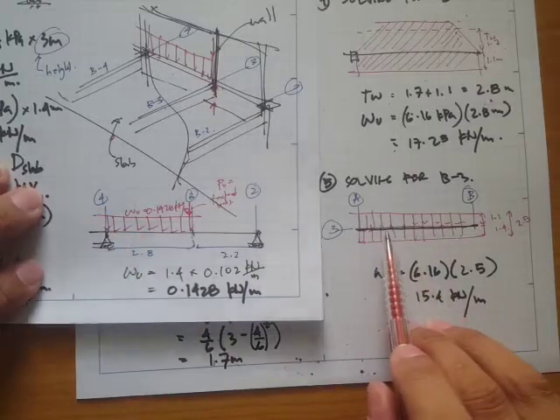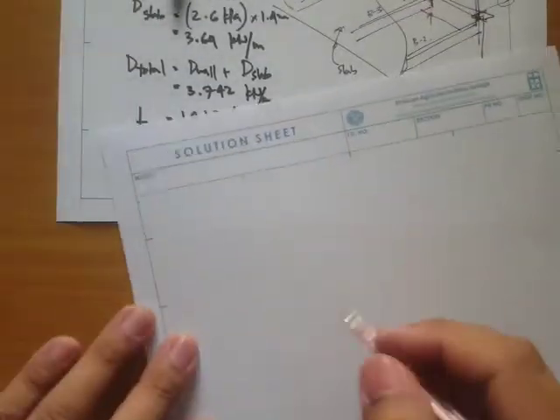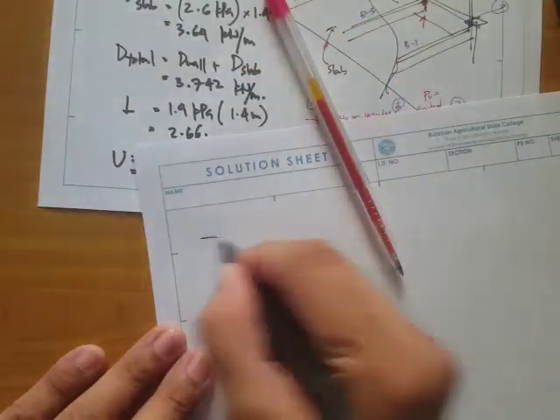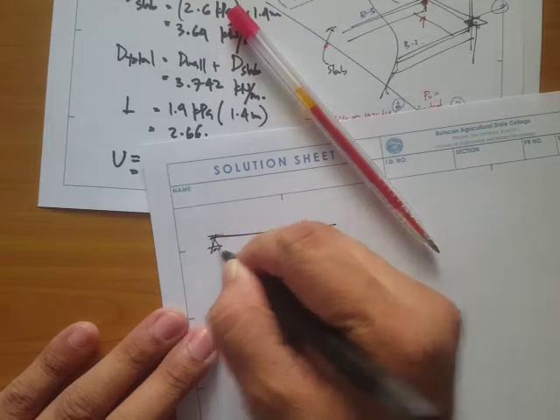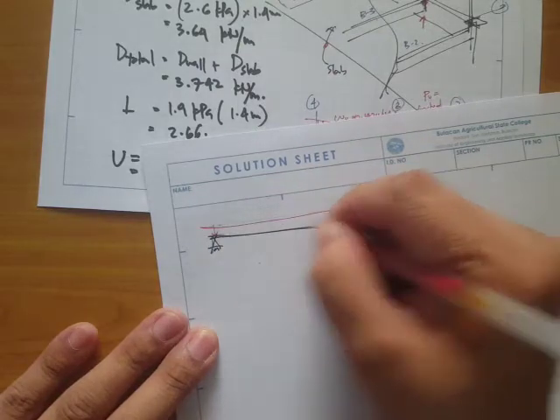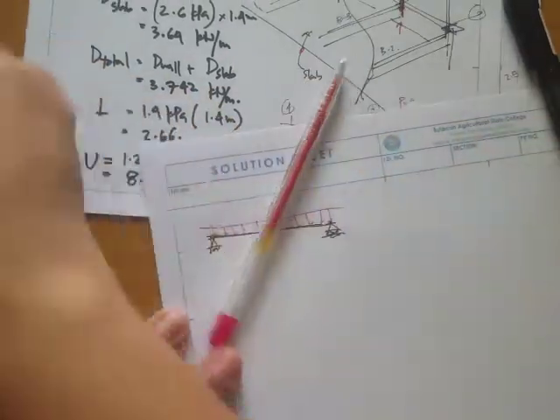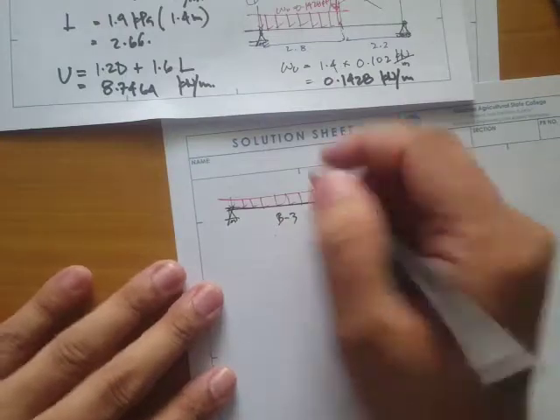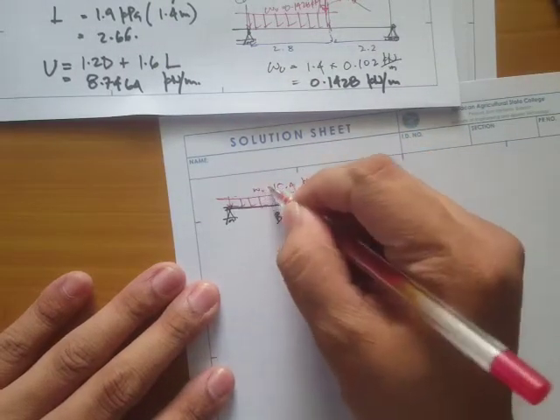Now if this is a distributed loading, you can actually solve the reactions. So this is B-3 and we have 15.4 kilonewtons.